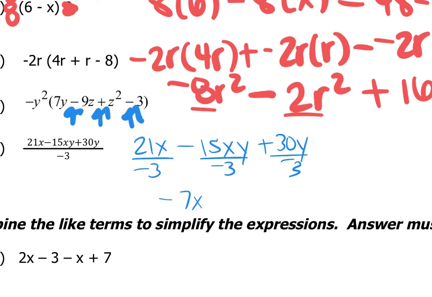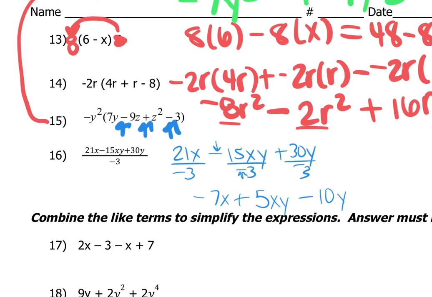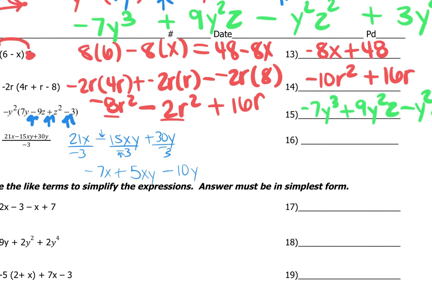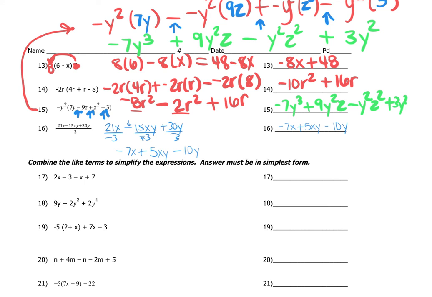You have two negative signs, which we know is going to make that a plus. 15 divided by 3 is 5. Bring down the x and y. And then 30 divided by negative 3 will give us a minus 10y. So that will be our final answer. Remember that we can't put any of those together because the variables are all different.